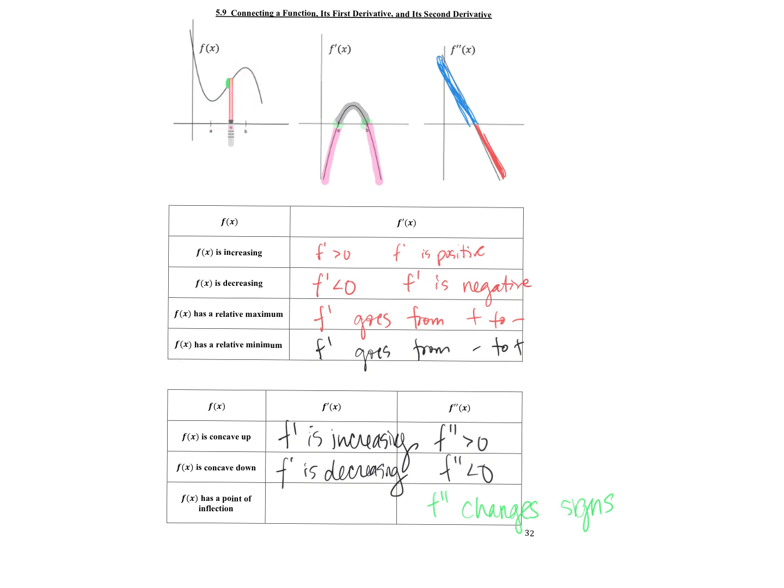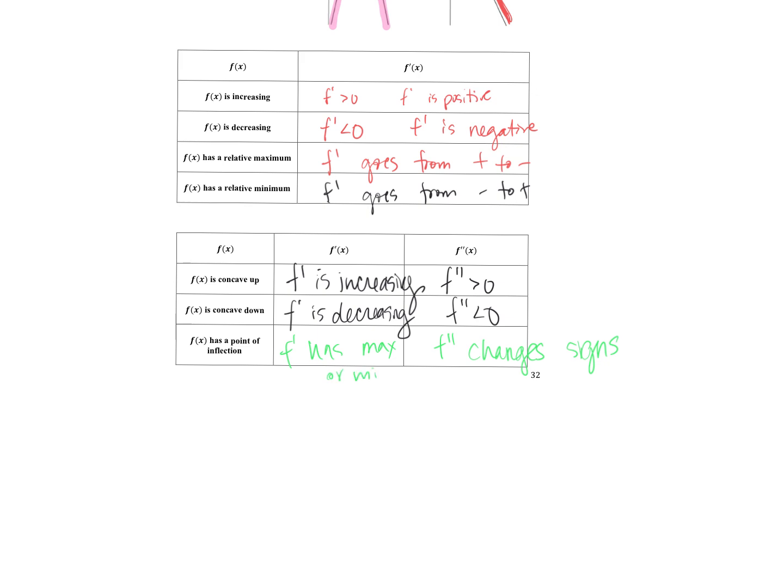So if my f prime goes from increasing to decreasing, I want to say f prime changes signs, and that's not true. My f prime goes from increasing to decreasing. That creates a max or a min. Good. So my f prime has a max or a min.